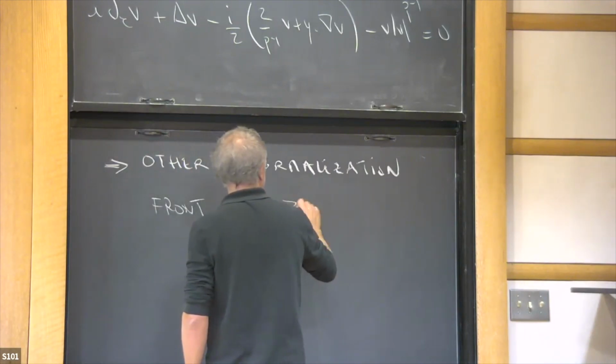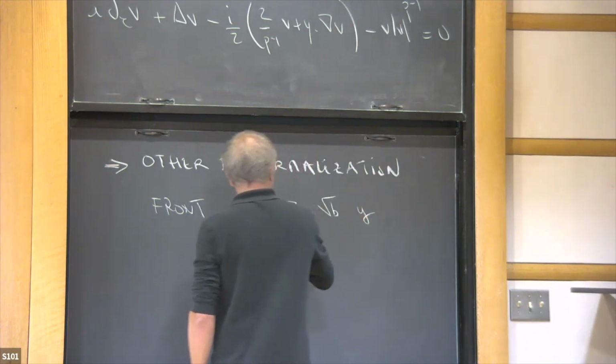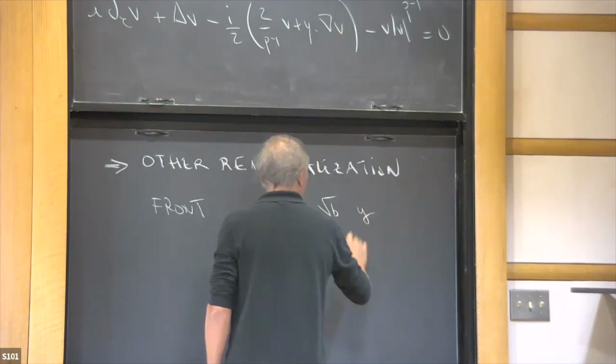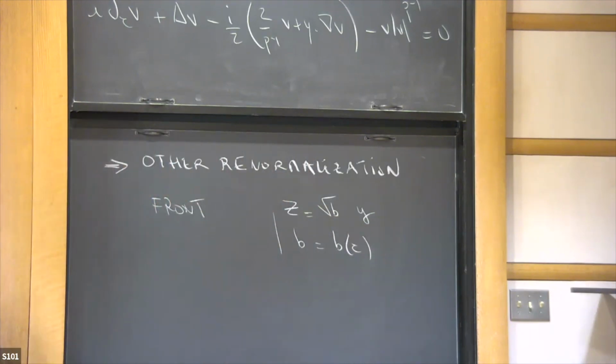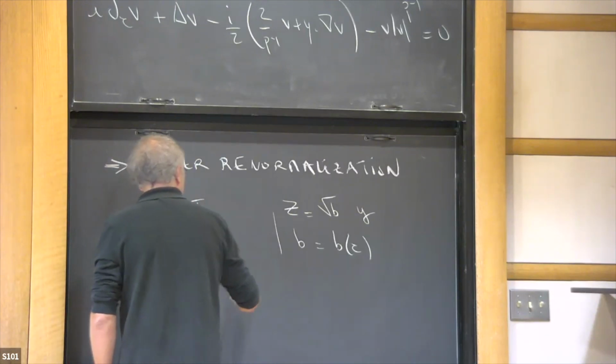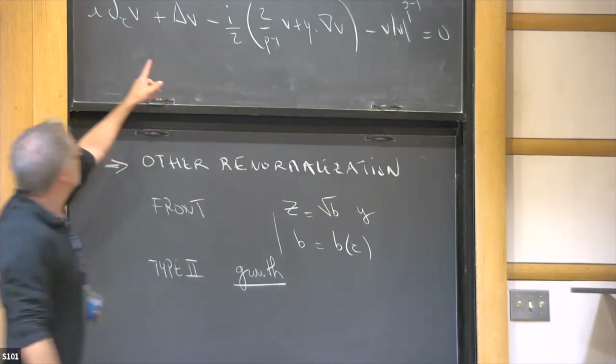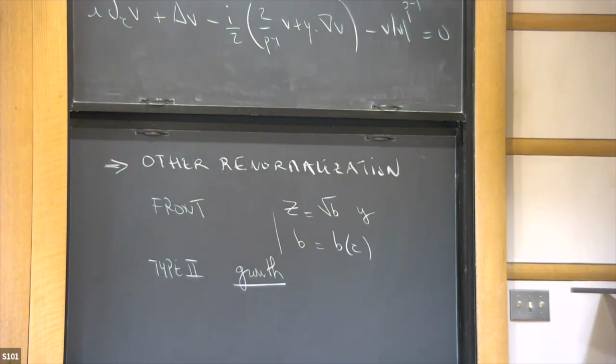You need to say that z is square root of b times y, where b is a function of tau. I'll explain this in a minute. So I'm changing space. I look for something that wants to invade the whole space, but it's also type 2. I will allow for growth. I'm going to have solutions of this equation that actually grow.